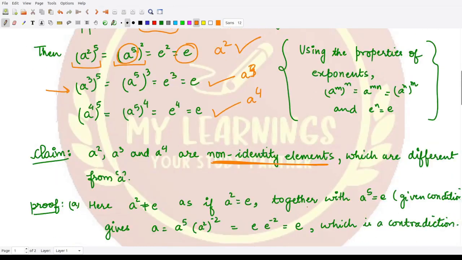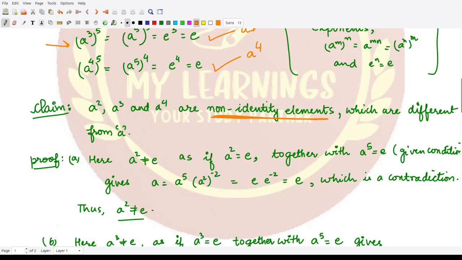So first of all, let's check whether this is identity or not. We claim that they are non-identity elements. How? Let's see that from here. If a square is identity, we know we have this condition, a raised to power 5 is equal to e. This is given to us.